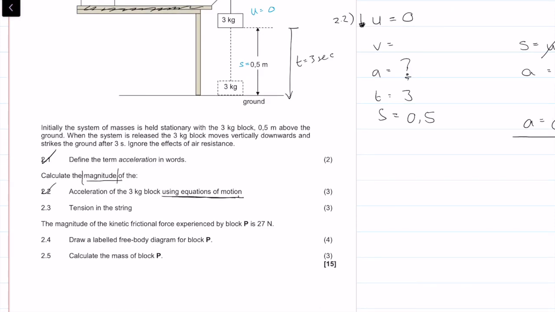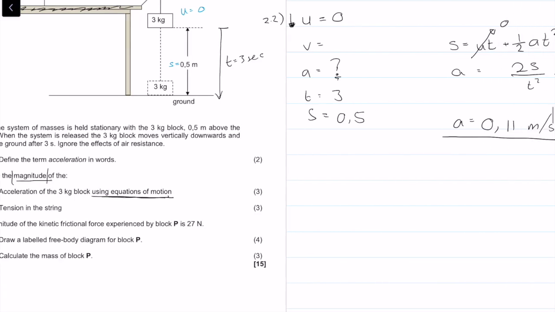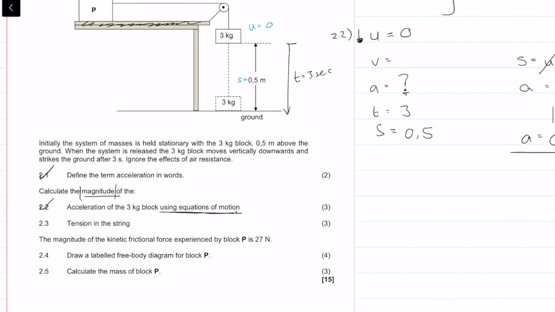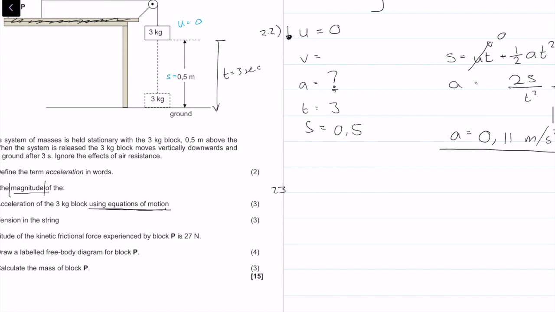Okay, then we want to calculate the tension in the string. So question 2.3, we can use Newton's laws here, and we can say that the sum of the forces, and let's take downwards as being positive, is equal to my mass times my acceleration, with downwards being positive.